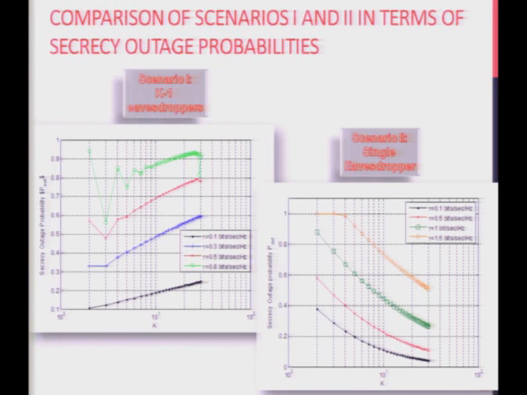I guess there are two ways of saying outage, right? Because an outage may mean you are guaranteeing a very tiny probability of incorrect reception. I'm talking about secrecy outage here. So that's what I'm aiming at.